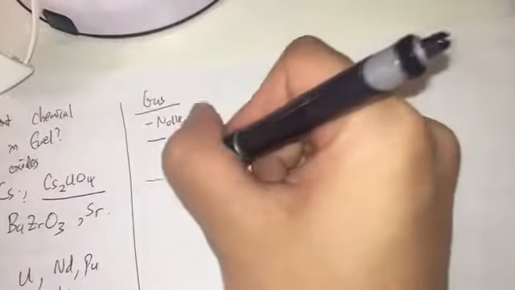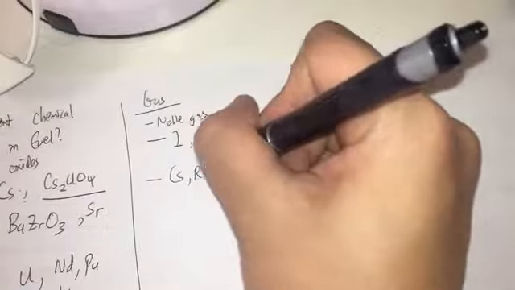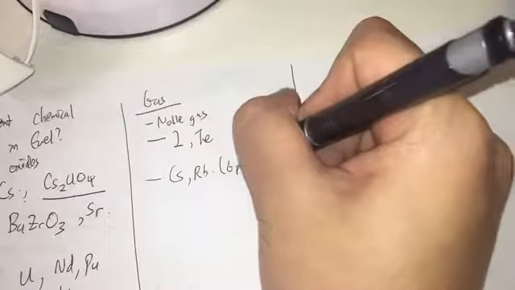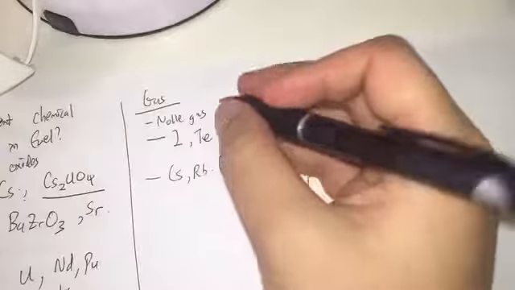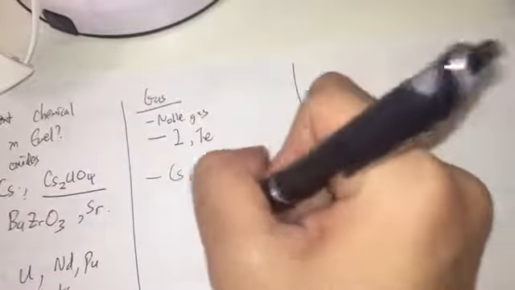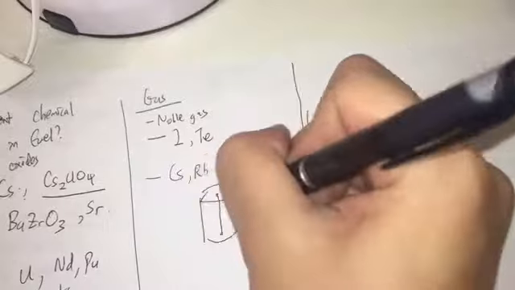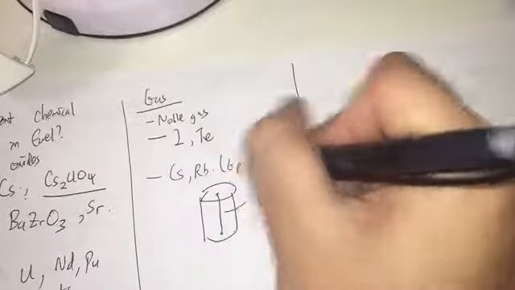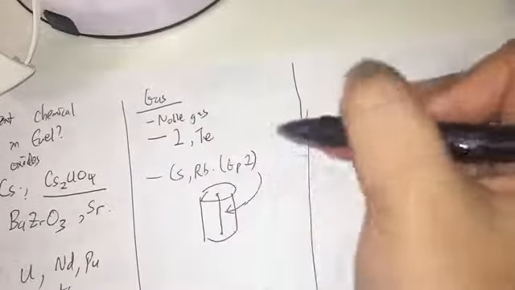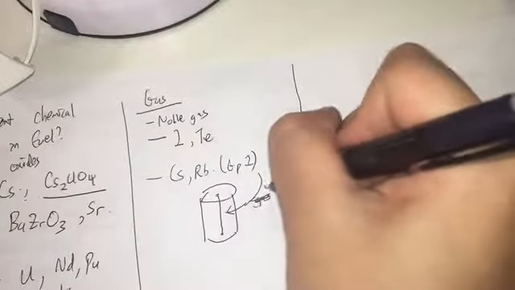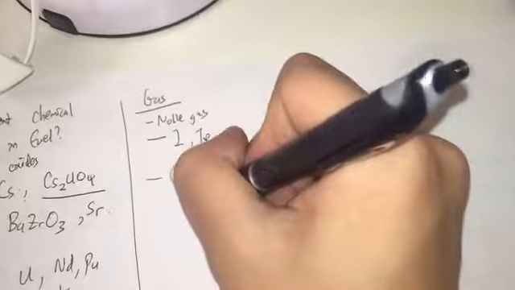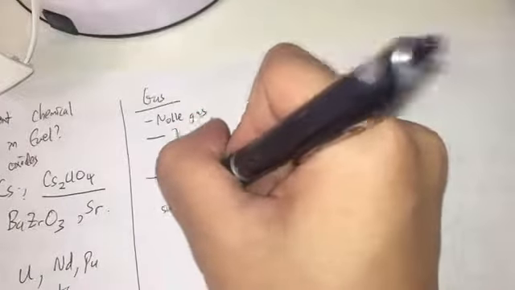Next thing is cesium and rubidium. These are group 1. Inside the center, these guys will be gas, or they call it vapor, but towards the outside it is cooler, so they are solid.